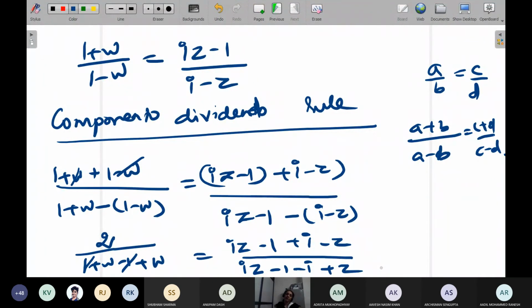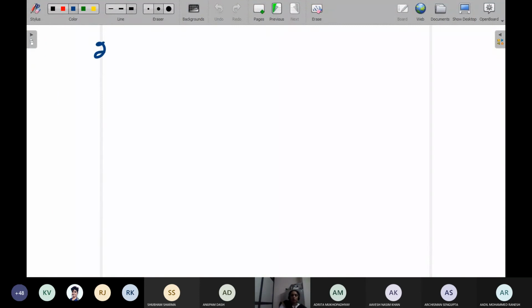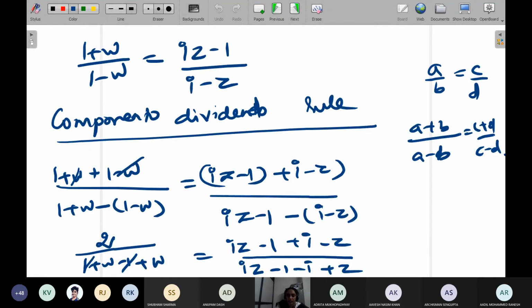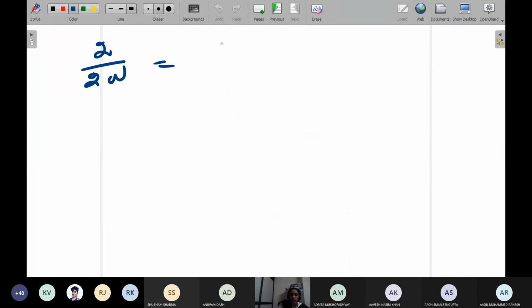Is it clear? Now in the left hand side, you have 2 by 2w. In the right hand side, combine the terms, z terms together, other terms together. So when you combine the z terms, you'll get z into i minus 1.